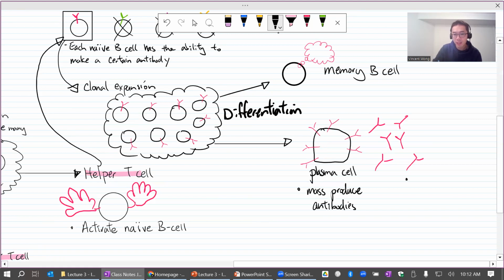What will the antibodies do? Well, they can help neutralize toxin, neutralize virus, even though that's not what it's doing in this case.